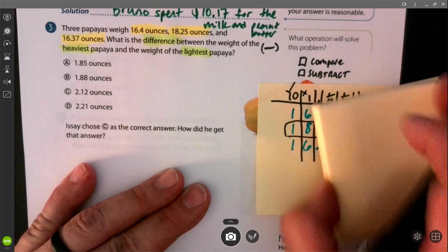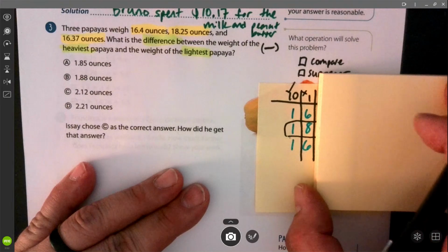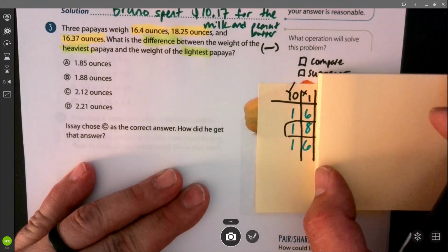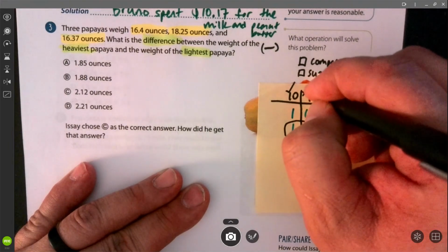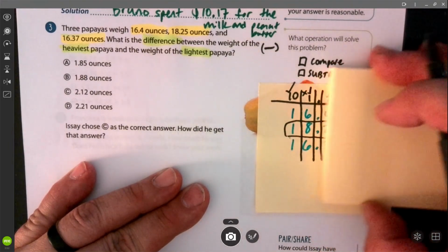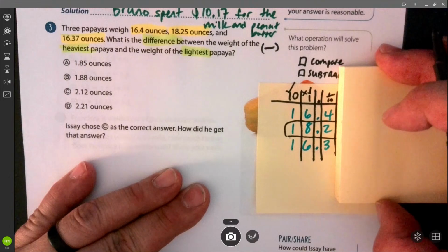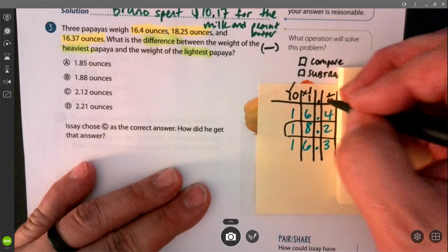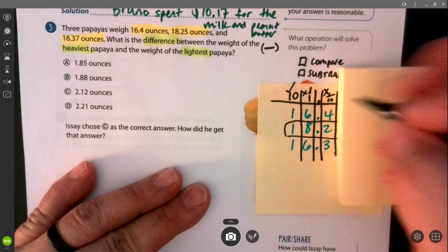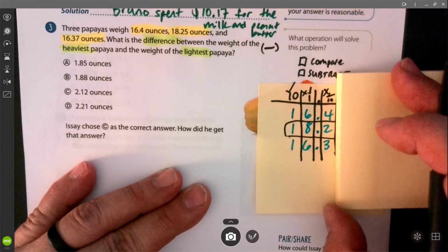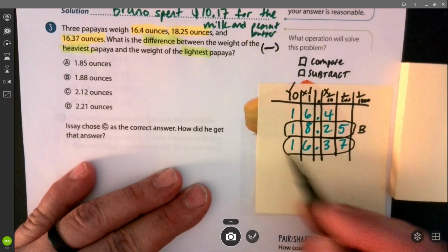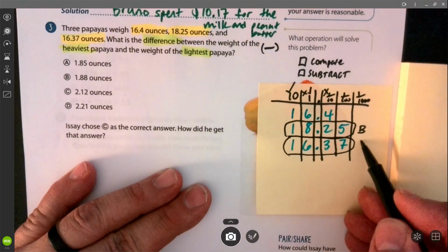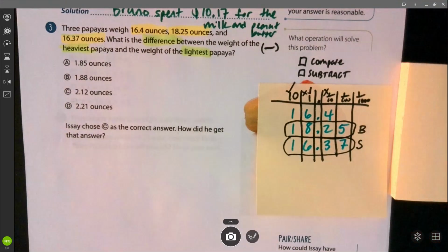Now I'm going to look at the 16 and the 16. Are they the same number? They are. Check. Then the 4 tenths and the 3 tenths. Are they the same? No, they are not. Which one's the smallest? Because I'm looking for the smallest now. This right here is, in fact, the smallest.